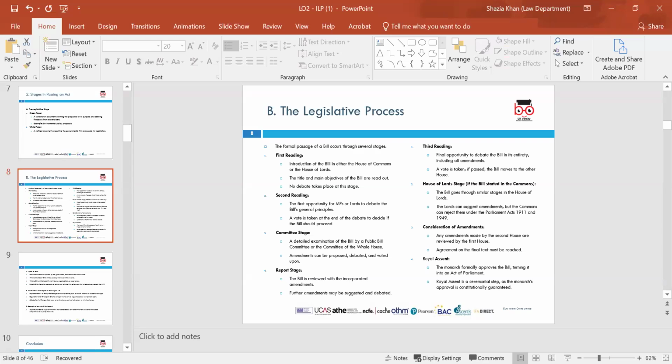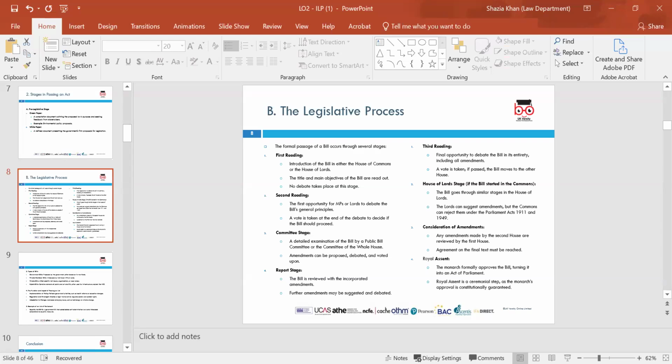If the Speaker selects the reasoned amendment for a decision, it will be voted on before the vote on second reading. If the bill is defeated at second reading, it cannot be reintroduced during the same parliamentary session.